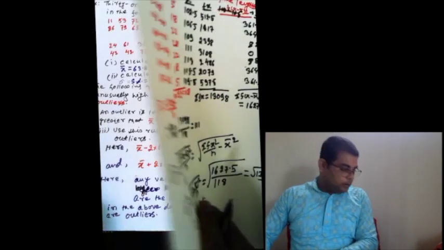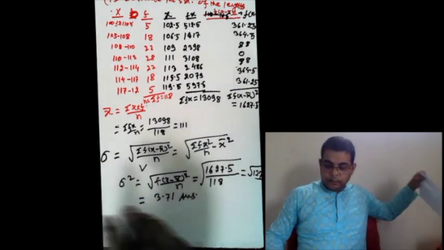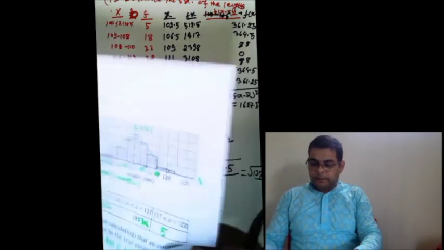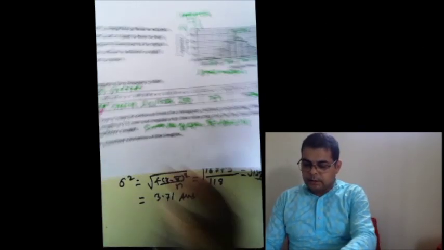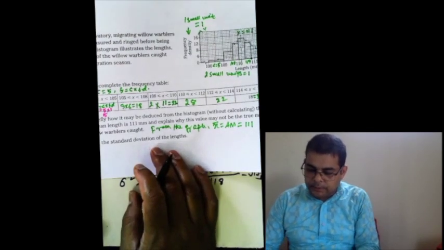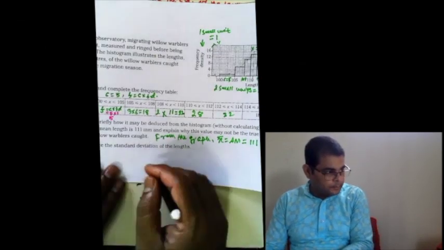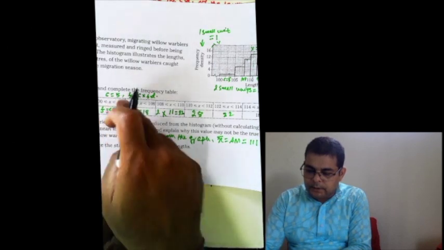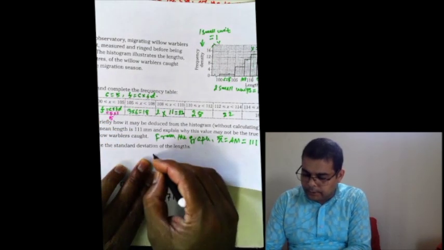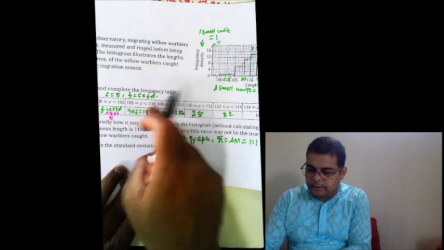And one more thing I want to discuss here, although this is not part of the question. Let's see the values of c in each case. The value of c here is 5, and here the difference is 3.